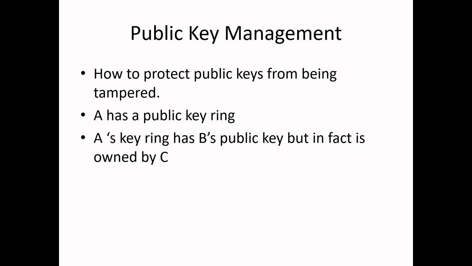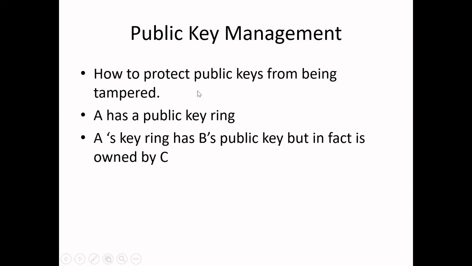If user A is going to use a public key private key pair, the private key ring only contains A's private keys. But the public key ring also has to store the public keys of those users with which the current user communicates. And we have to ensure that these public keys are actually legitimate.